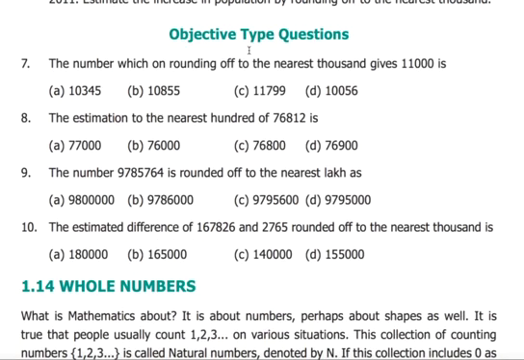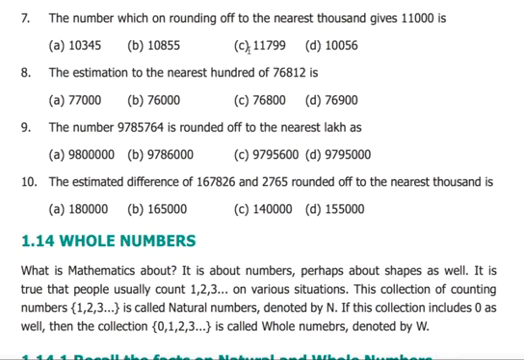The numbers which, when rounded off to the nearest thousand, give 11,000. And only one number is possible in this example. That is this.